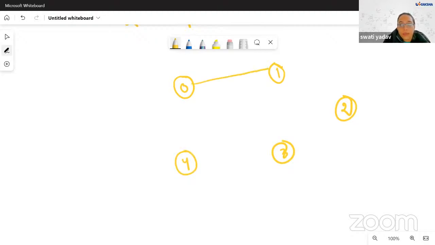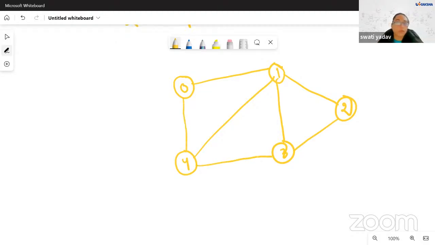I say I can go from here till here, then from here. These are the edges, from where I can go. This is not a directed one right now, a simple graph that we have in front of us. This is an undirected graph of 5 vertices starting from 0 going till 4.